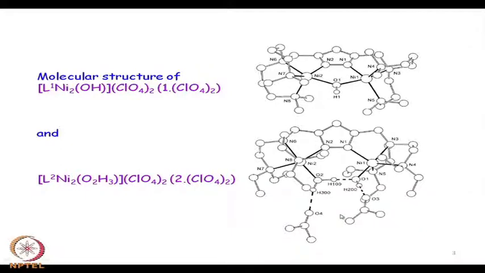So, basically what we have seen is that you can have two nickel sites, and the possibility is also there that two of these sites can be occupied by two water molecules. Here this water molecule has undergone deprotonation only. So, this is your bridging hydroxide function and this is your water molecule.